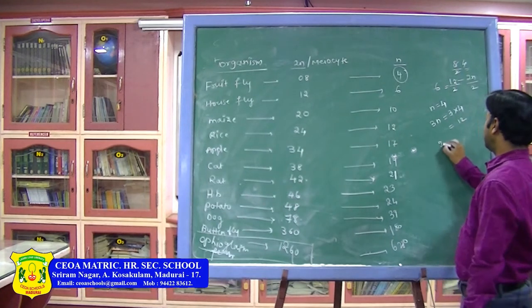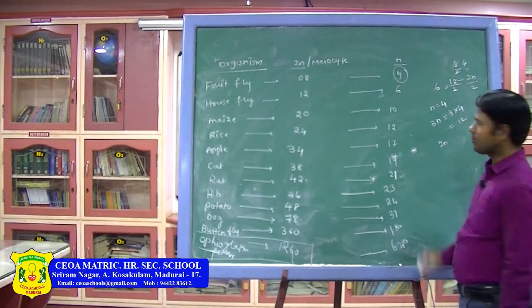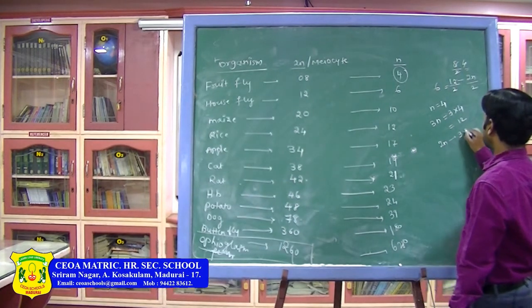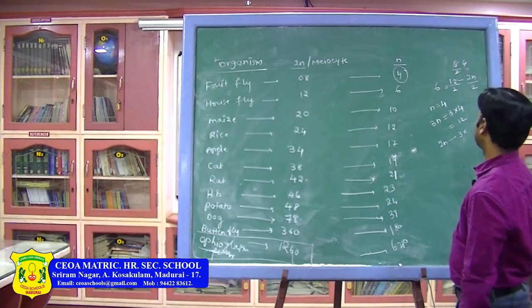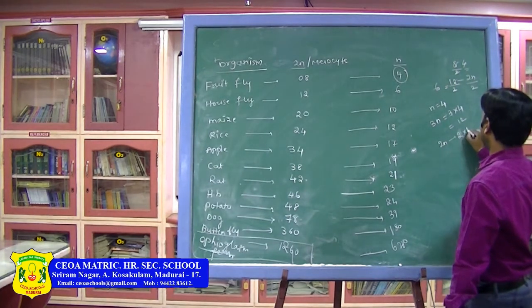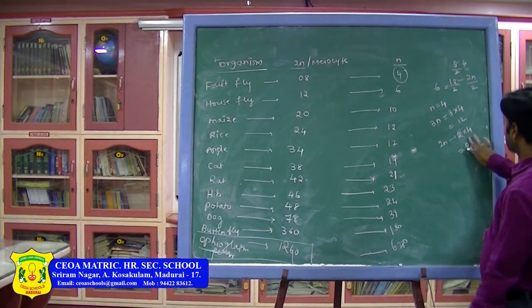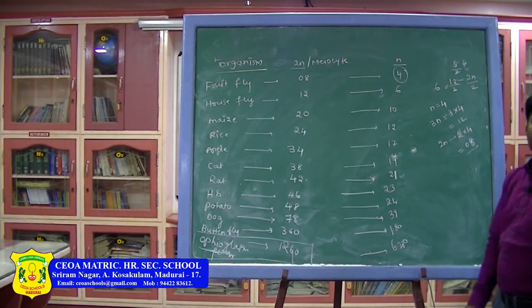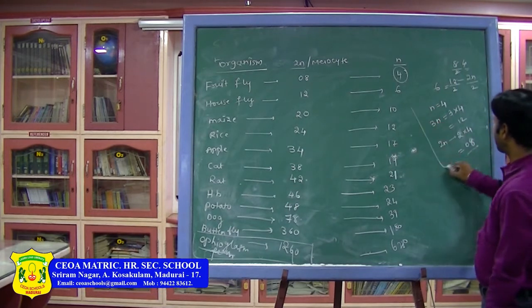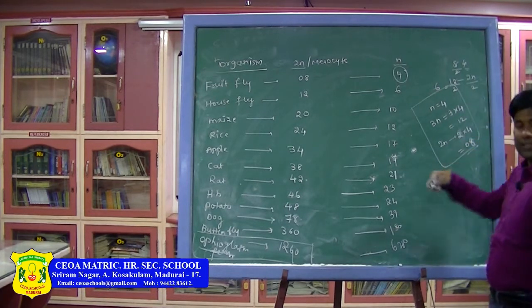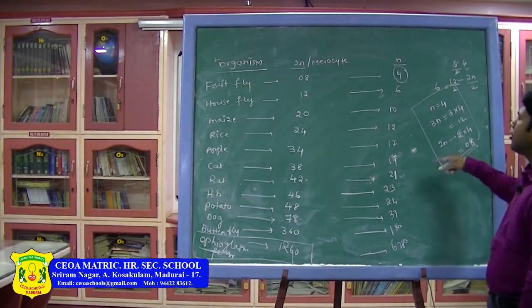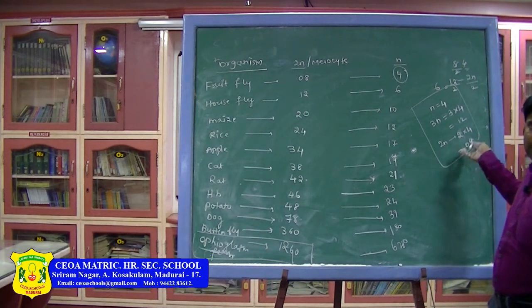If they ask the diploid number 2n, that equals 2 into 4, that is 8. Like that, based on the question framing, we can do additions, divisions and multiplication to get the answer.